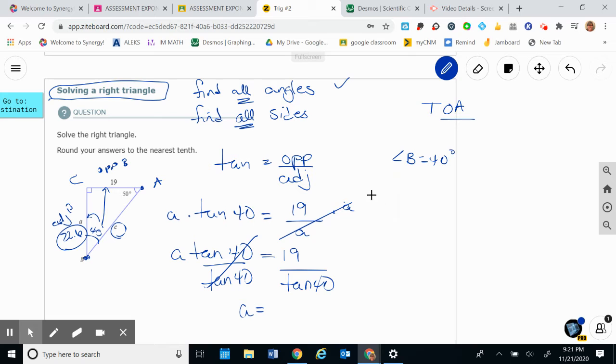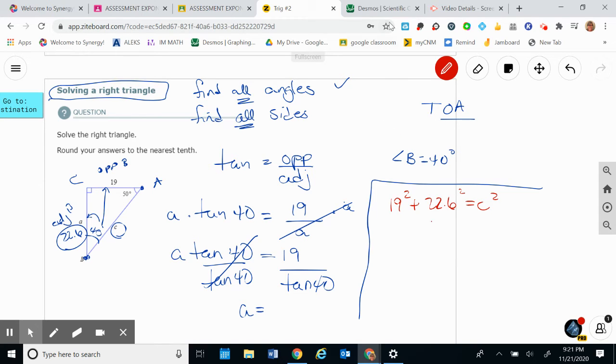So you have a choice. You can either use trig or you can use the Pythagorean theorem. If you choose to use the Pythagorean theorem, it would look like this: 19 squared plus 22.6 squared is equal to c squared. Then you square that and that, add them together, and take the square root.